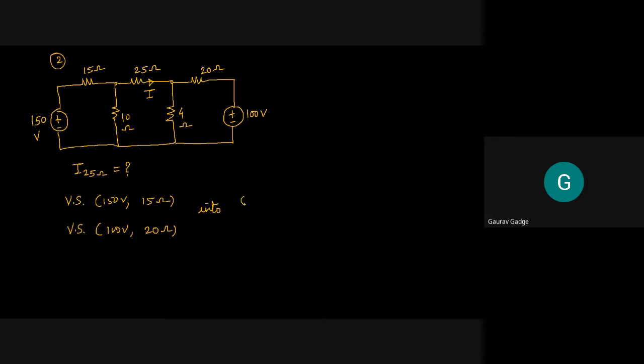That is the only task for you people. You have to just convert the voltage sources into current sources. That's all. We'll see the solution to that circuit, for this and the previous one, in tomorrow's class. Okay. So fine, that's all.